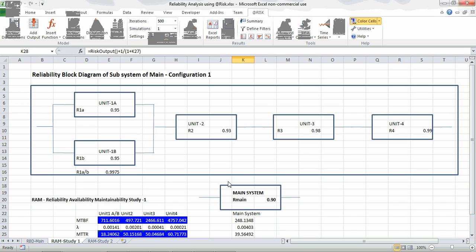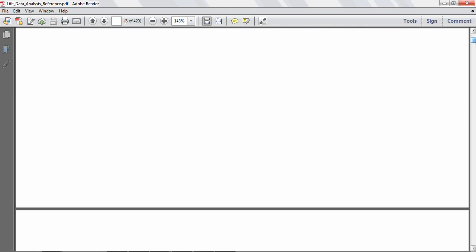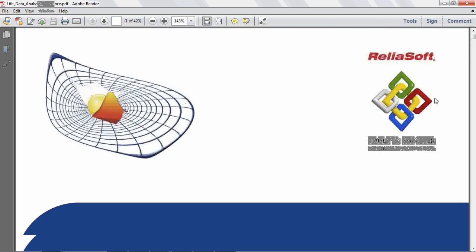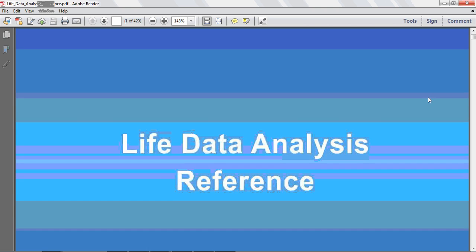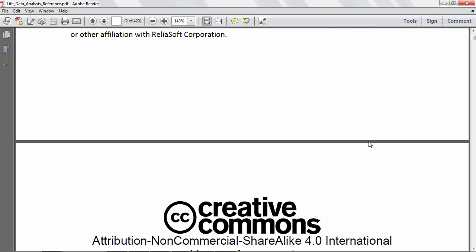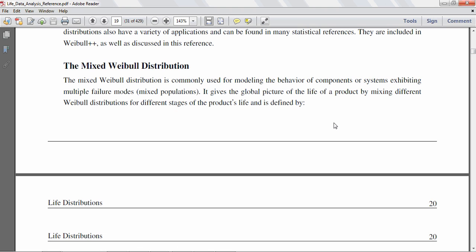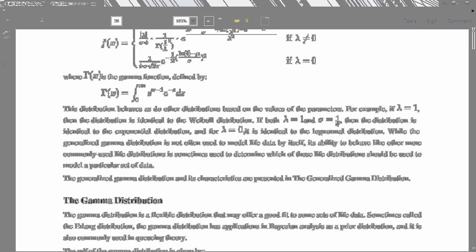And in order to decide which distribution to choose and how to analyze more accurately, there are several resources available, like this particular book by ReliaSoft, which gives detailed data about life data analysis. It's a reference where you get to see what kind of distribution to be used for what particular reliability analysis.